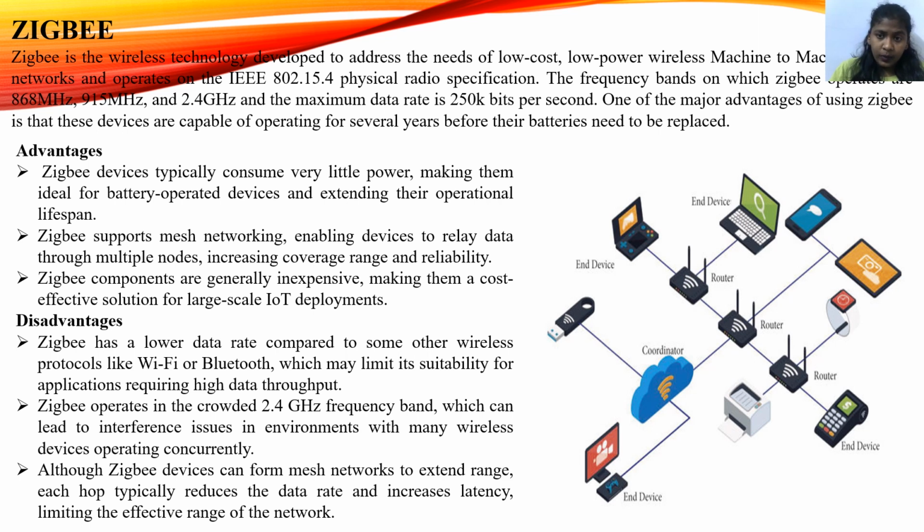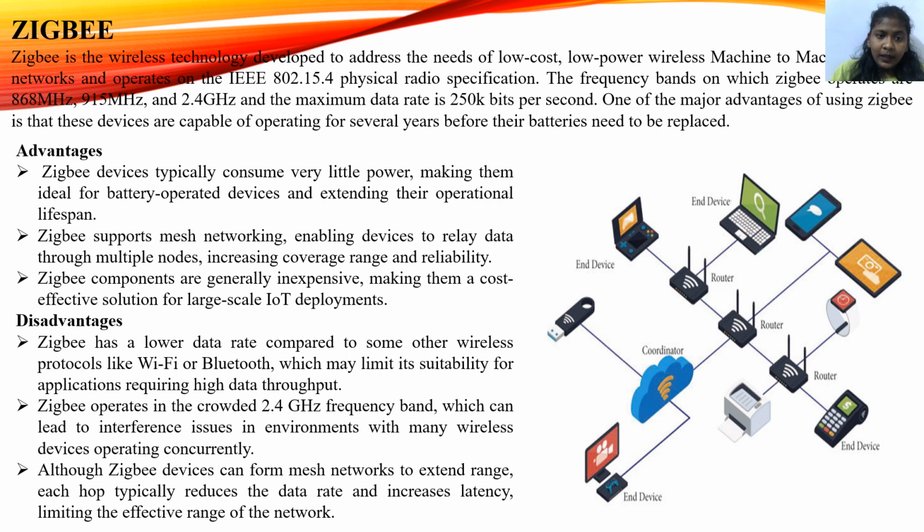One of the major advantages of Zigbee is that these devices are capable of operating for several years before their batteries need to be replaced. Advantages of Zigbee: Zigbee devices typically consume very little power, making them ideal for battery operated devices and extending their operational lifespan.